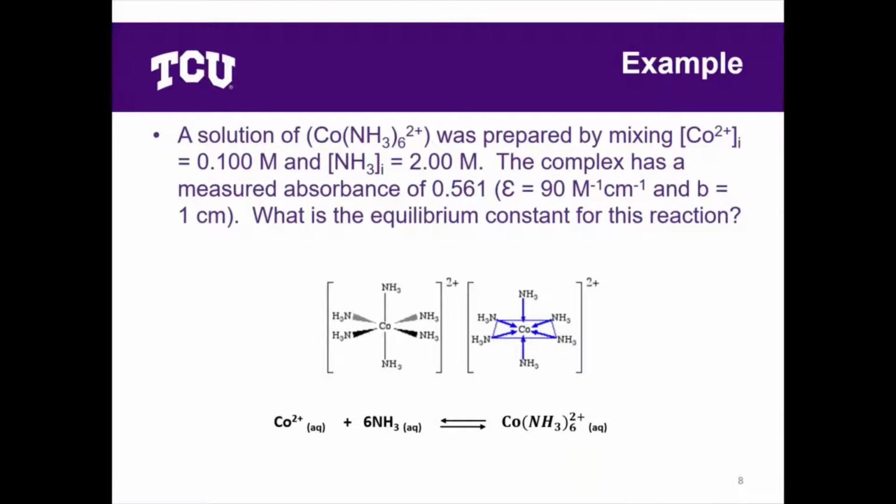What's the equilibrium constant for this reaction? So what they did here originally was they mixed 0.1 molar cobalt with 2 molar ammonia. You see our ammonia is in a huge excess compared to the cobalt. We're going to do something similar in this lab, and they formed this cobalt ammonia complex.